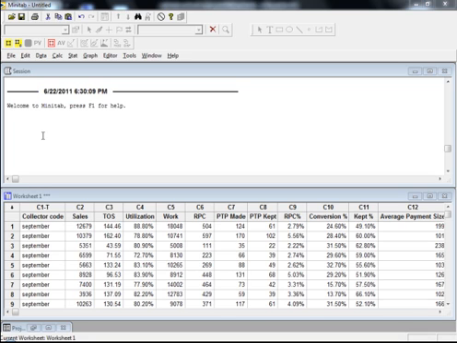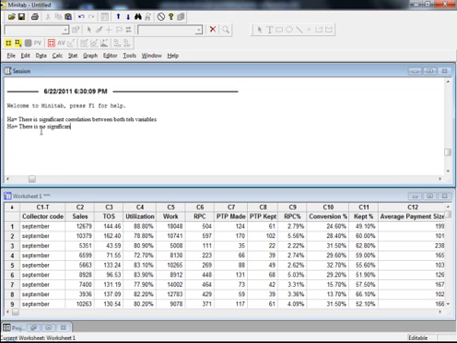If your p-value is less than 0.05, then you would go with the alternate hypothesis, which says that there is significant correlation between both the variables. And null says that there is no significant relationship between these two variables.